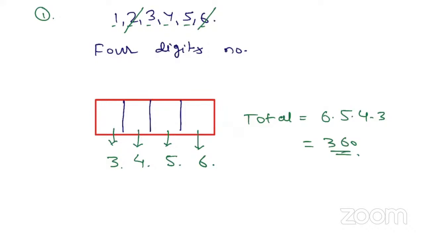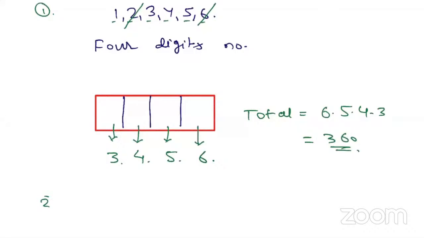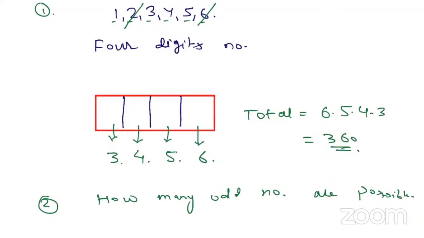Now second question, in this only, how many odd numbers are possible? See, odd numbers means restrictions, right?